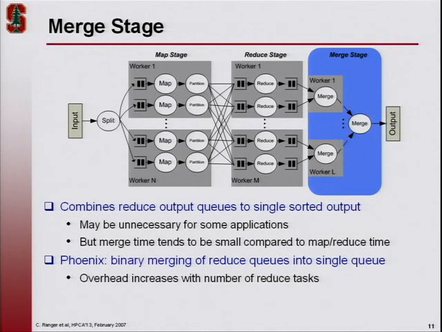One of the problems that we ran into is that as we increase the number of reduce tasks, we increase the runtime of the merge stage, because now the merge stage has to reduce more queues. So we did run into those problems, but we haven't explored it as fully as we would have liked to. But generally in the order of several hundred reduce tasks when we had like 32 or 24.